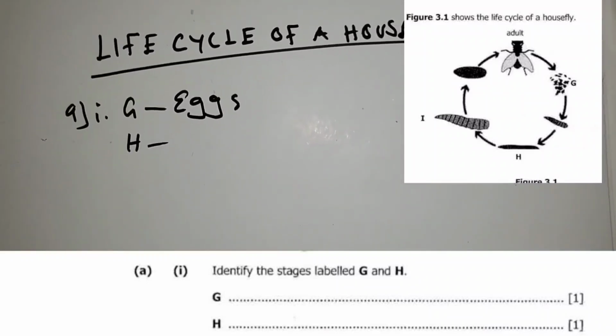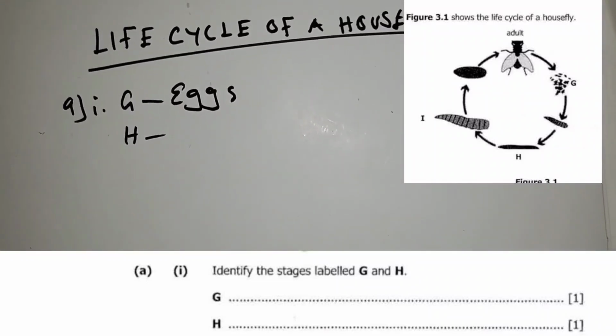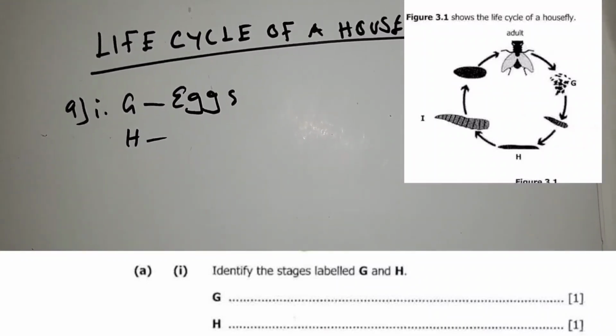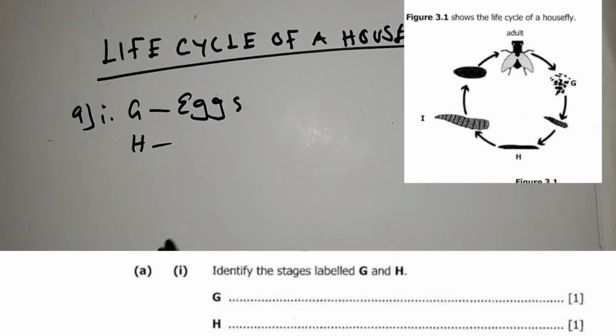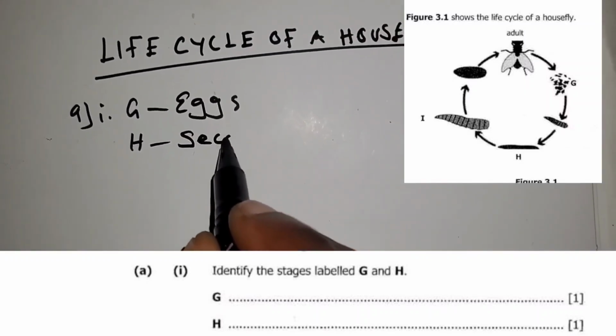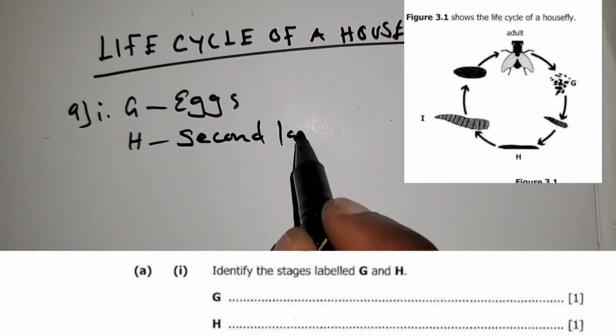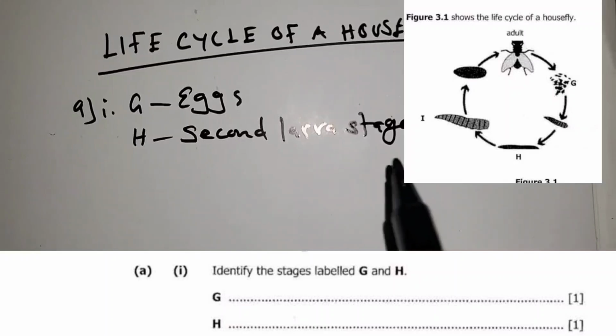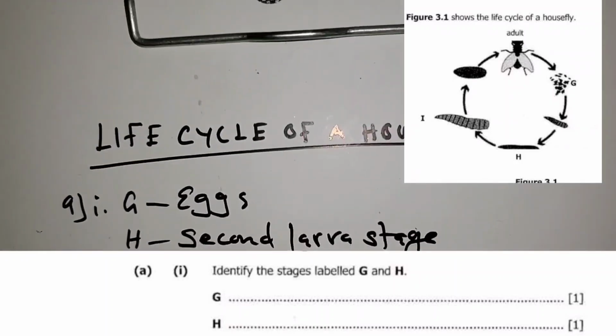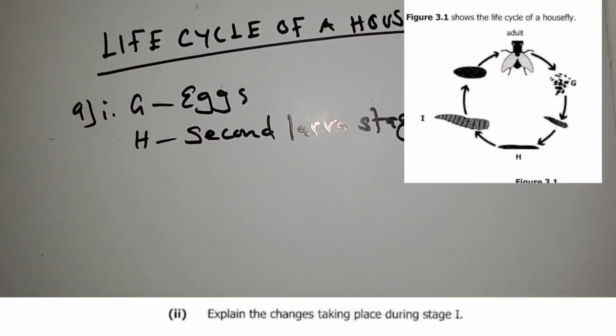Okay, and we want to look at H. You have the first one is a larva stage, the second one is also a larva stage. So you can say H is the second larva stage. Okay, second larva stage. All right.